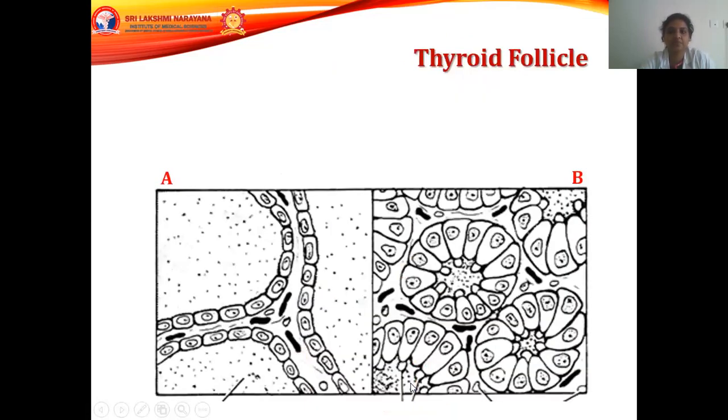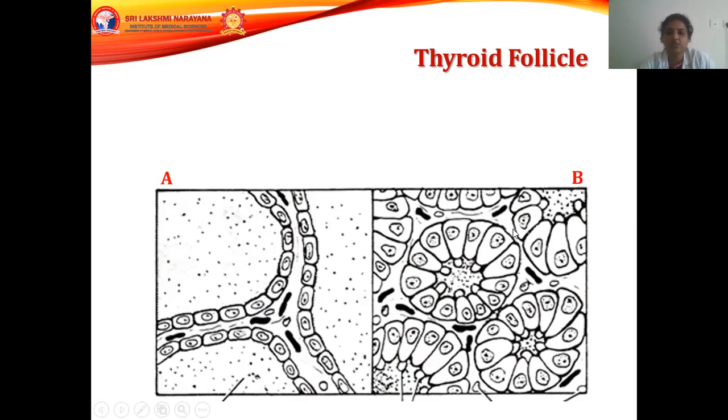So now, coming to comment on the thyroid follicle, you can predominantly see two types of follicles. If you notice in picture A, the follicles are quite large with lots of colloidal material, whereas the lining, that is the cuboidal epithelial lining, you can see that the cells are not exactly cuboidal, but more flattened.